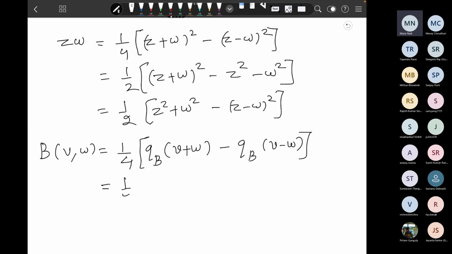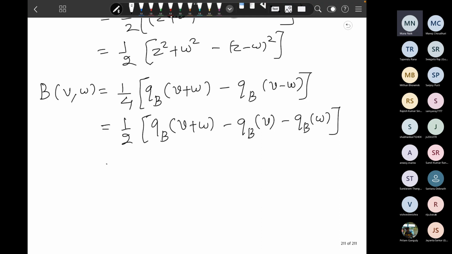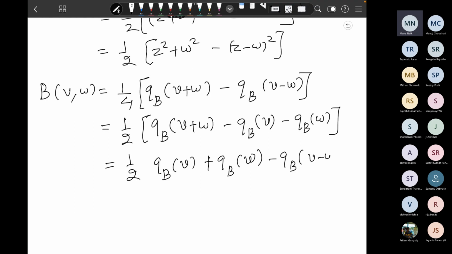This is equal to 1/2 times Q_B of v plus w minus Q_B of v minus Q_B of w. This is also 1/2 times Q_B of v plus Q_B of w minus Q_B of v minus w.